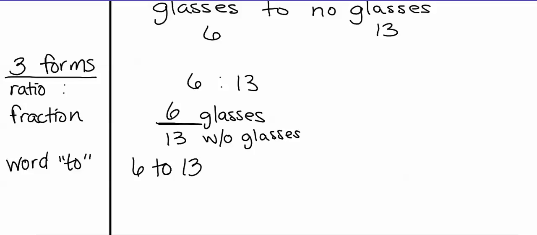It would be 19. So remember, it has to be made up of 2 numbers. So people with glasses to total, how many people have glasses? 6. 6 to 13. Wait, 6 to 19. Very good. 6 to 19. Very good. All right. Any questions on that?